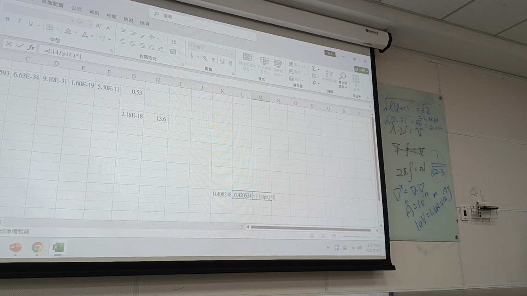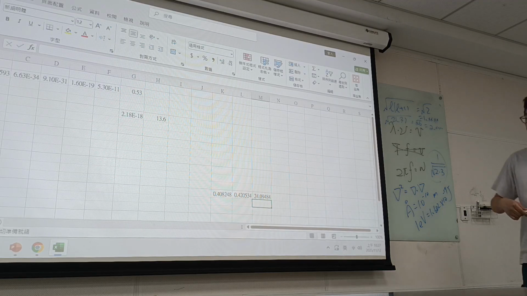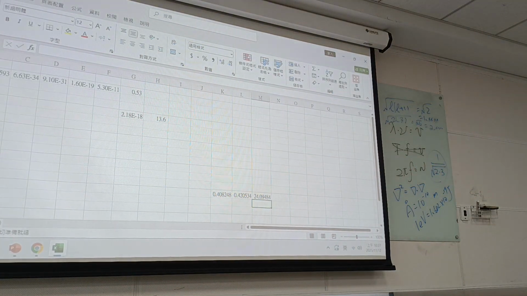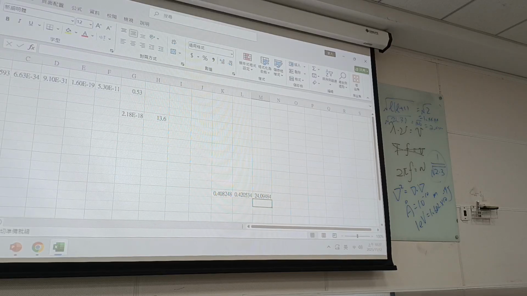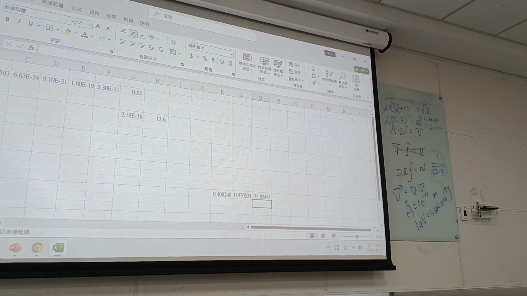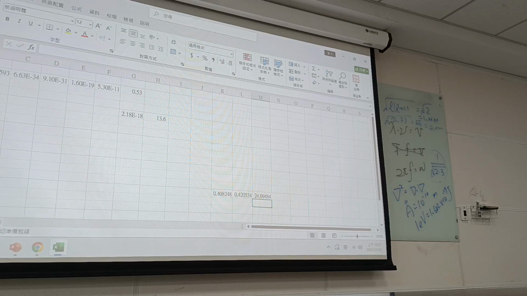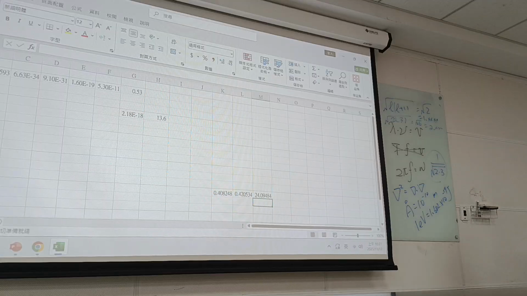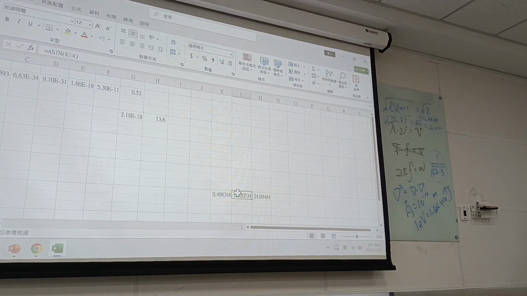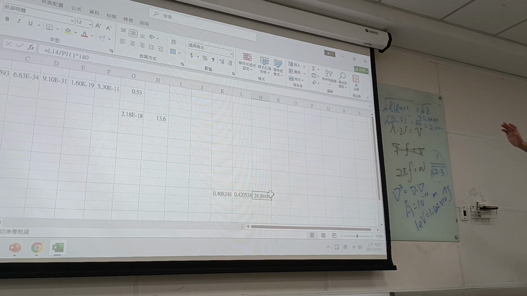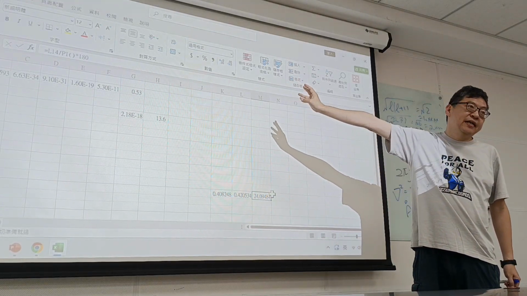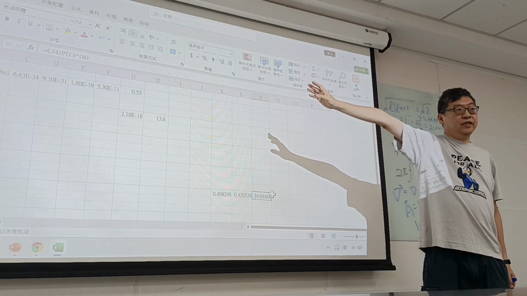In degrees this is 180, in radians this is pi, so pi equals 180 degrees. So I divide by pi and multiply by 180 to convert it into degrees.